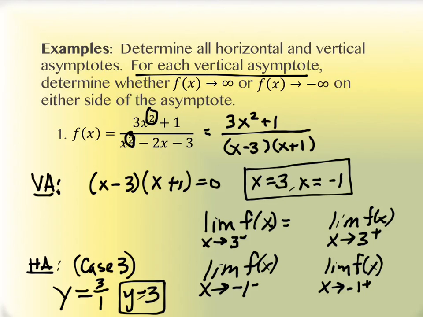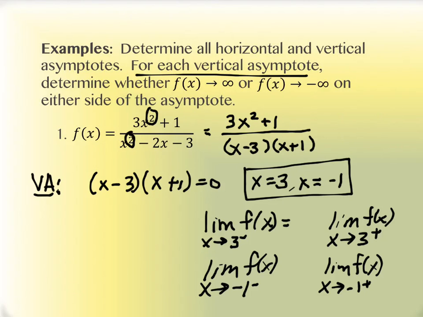Does the graph shoot up or does it shoot down as you're getting close to x equals 3 from the left? Is it down? Here, let me draw it on here so I've got a record of it. Taylor, let me see your graph real quick. So the graph has a rough sketch of something like this.